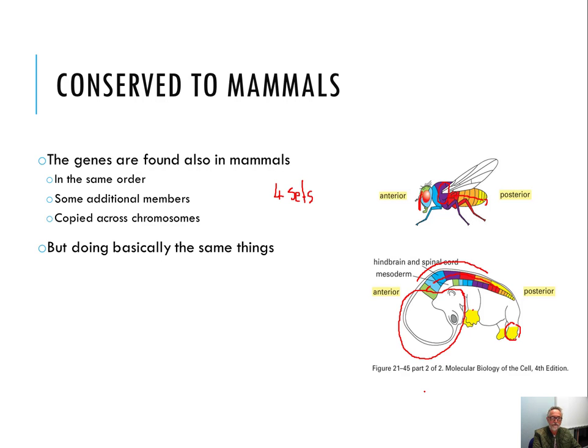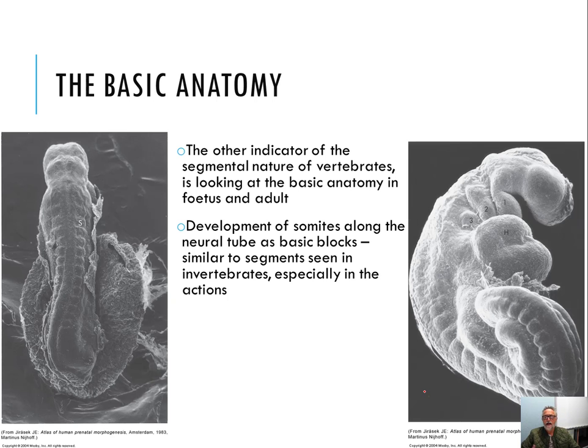But it's that conservation. Another thing that tells us that we have this segmental nature is the basic anatomy. In the fetus, these are 2 pictures of fetal development, and a significant structure which is obvious on both of them is these block-like structures. These things are the somites, and they're going to develop into the vertebra, but also the muscles for each segment.